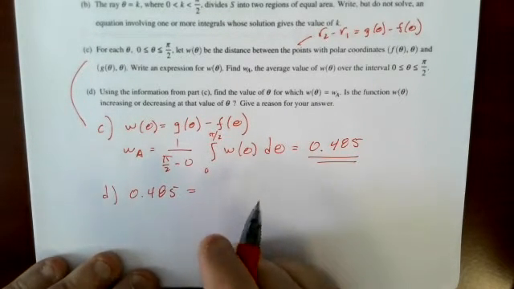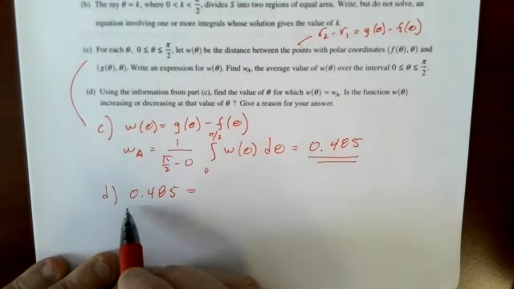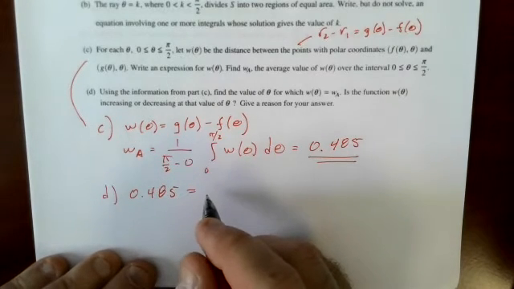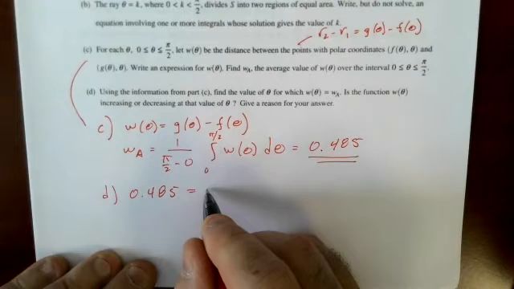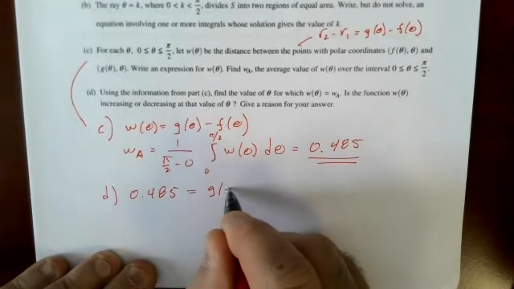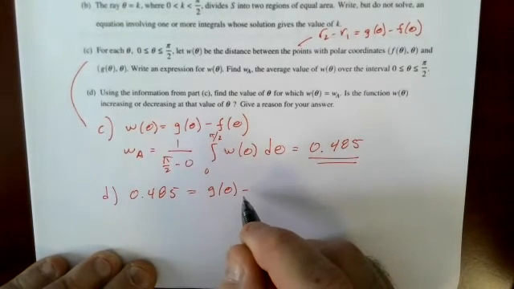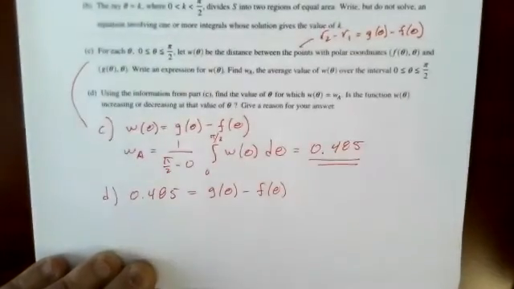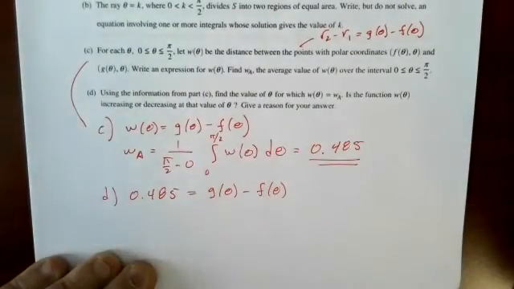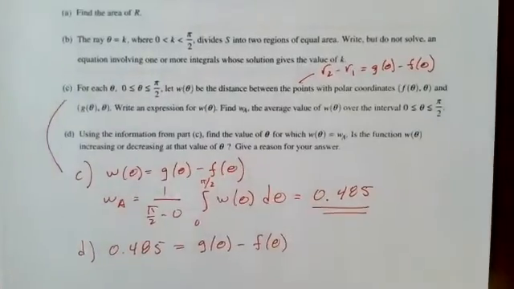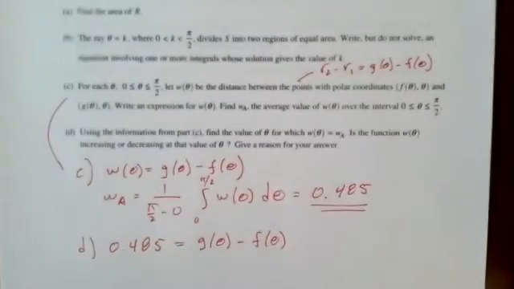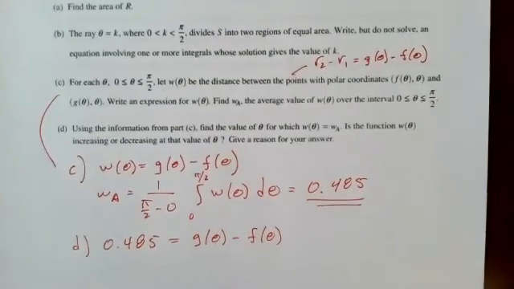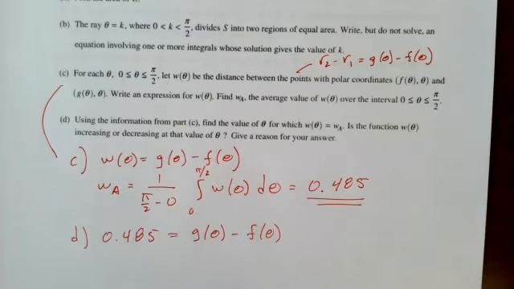W theta equals WA. So 0.485, that's WA, equals W of theta. W of theta is G of theta minus F of theta. Let me get this to focus a little better. I think if I come down, it'll help. Yeah, not the greatest. Okay, I'm going to have to take a derivative of this later. We'll talk about that then.